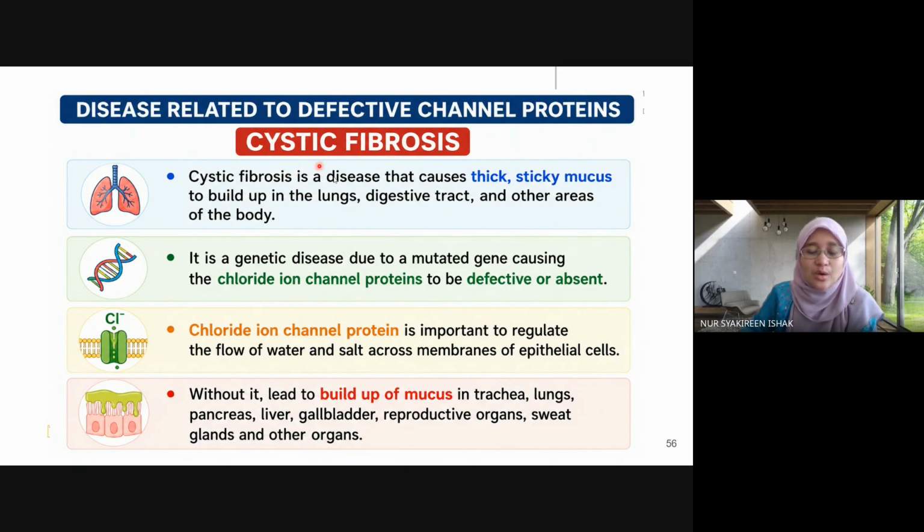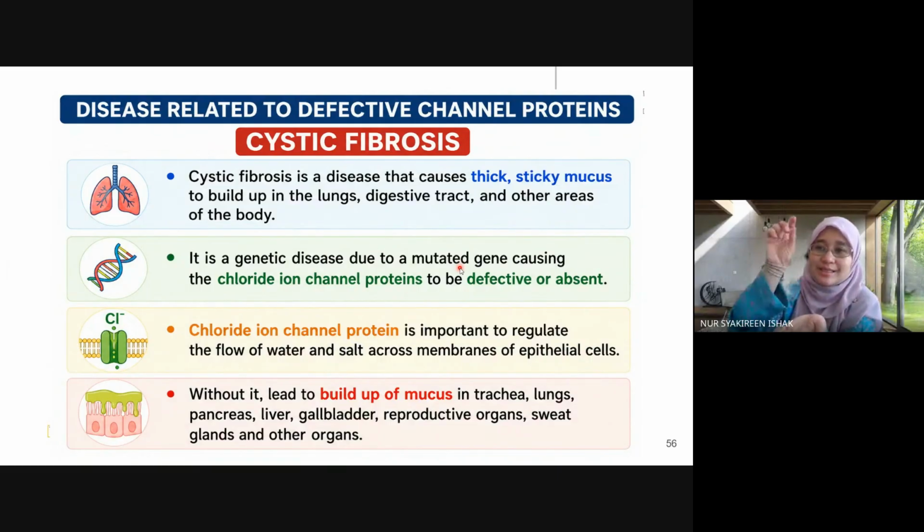So what causes the disease? It is due to a mutation in a certain gene. A gene in your DNA codes for the synthesis of a specific protein. Our nucleus contains all your genetic information, all your genes. All your genes code for the synthesis of specific proteins.